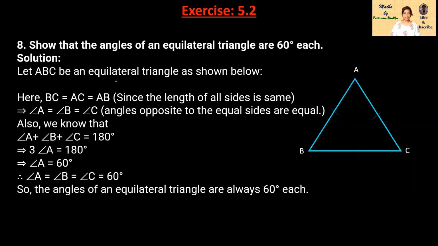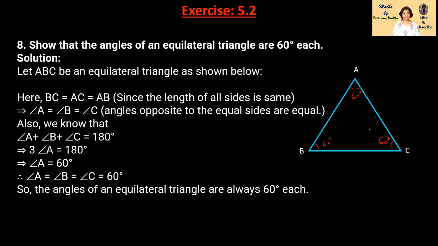Question 8 says, show that the angles of an equilateral triangle are 60 degrees each. So we have to prove that all angles, angle A, angle B and angle C, are 60 degrees each.